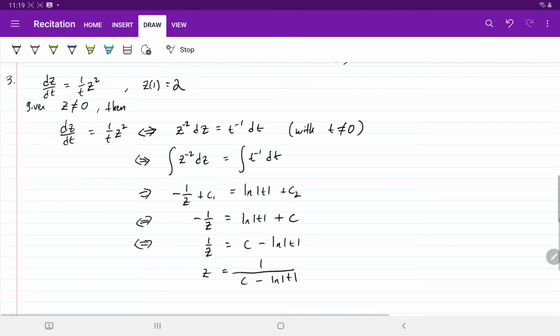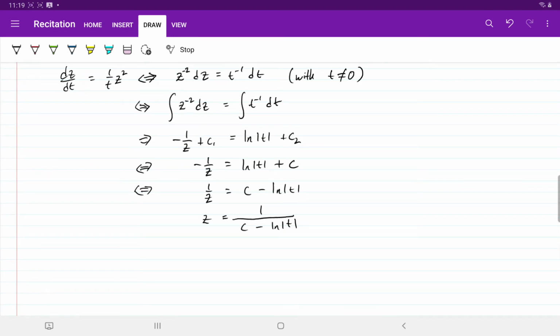Okay, and the initial condition says z1 equals 2. So from z1 equals 2 we get 2 equals 1/c minus log 1, right? Log 1.